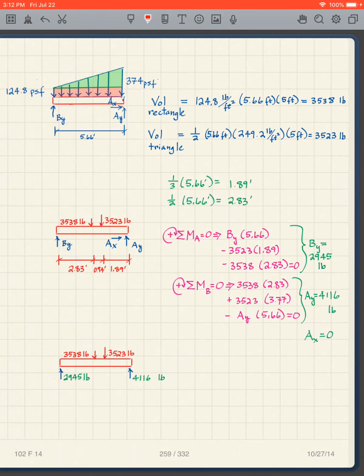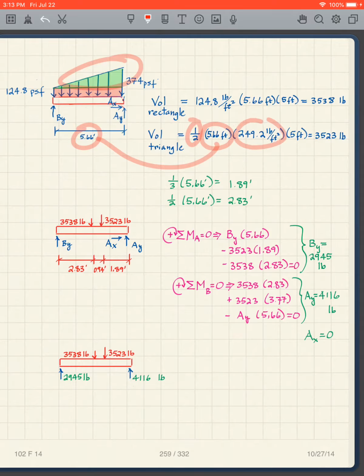And how do I get the volume? I'm going to get the volume of the rectangle and the volume of the triangle. It's the easiest way. You can all do this, so please take a look at it. For the rectangle, it's that times 5 feet perpendicular to the paper. That gives me the volume of the rectangle. The triangle is 1/2 the base times the height. 1/2 the base is 5.66.